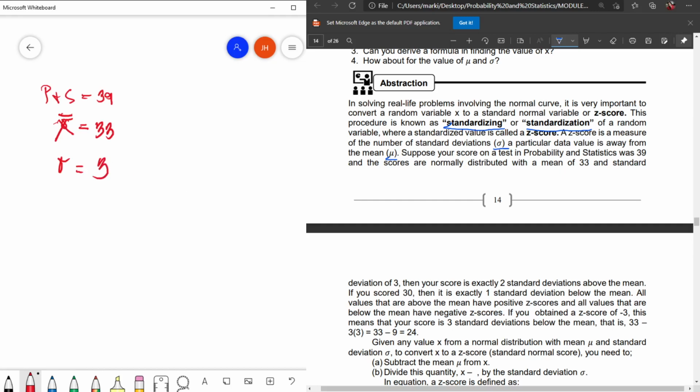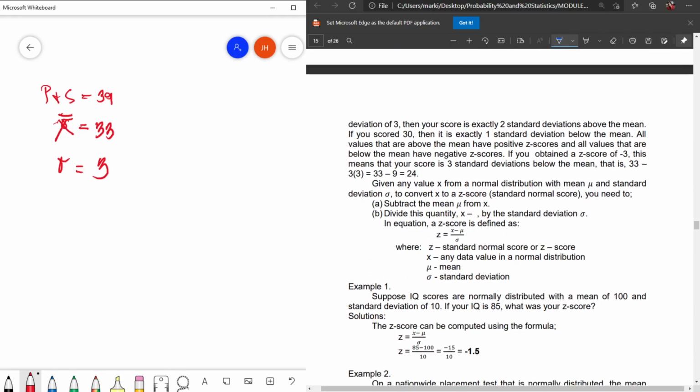Then the score is exactly 2 standard deviations above the mean. If you scored 30, then it is exactly 1 standard deviation below the mean. All values above the mean have positive z-scores, and all values below the mean have negative z-scores.